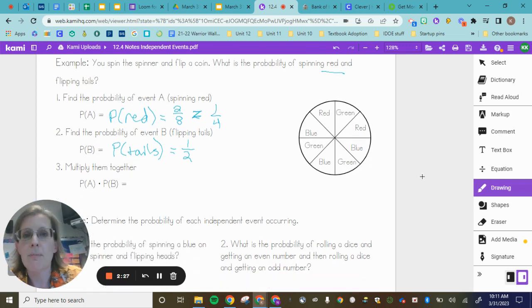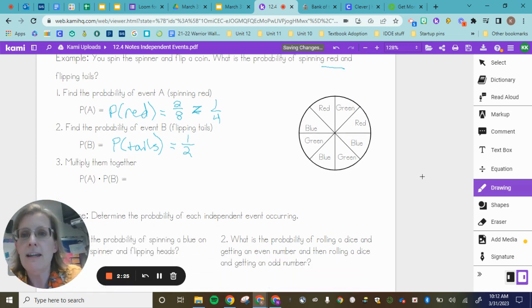So we find the probability of each event and then we multiply them together. The probability of getting a red was 1/4 times the probability of getting a tails, 1/2. And then we multiply. 1 times 1 is 1, 4 times 2 is 8. So that probability would be 1 out of 8.